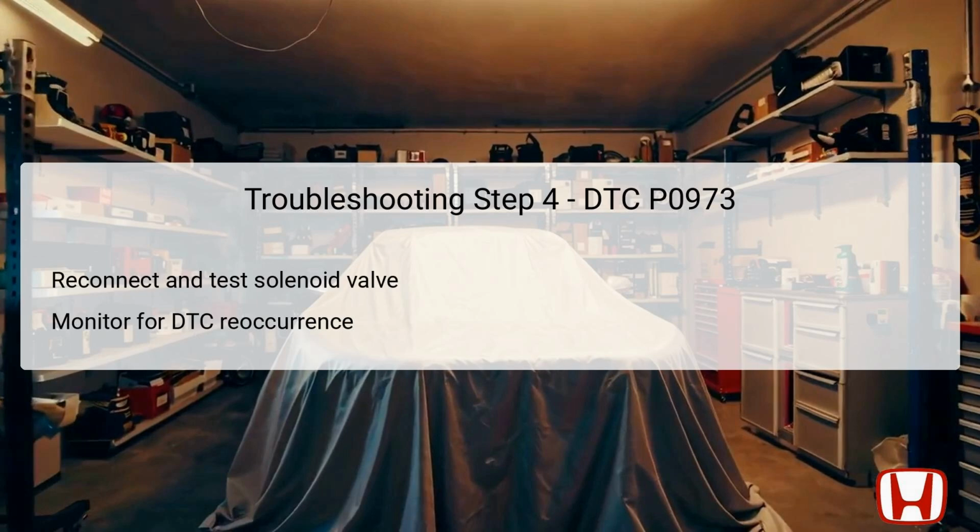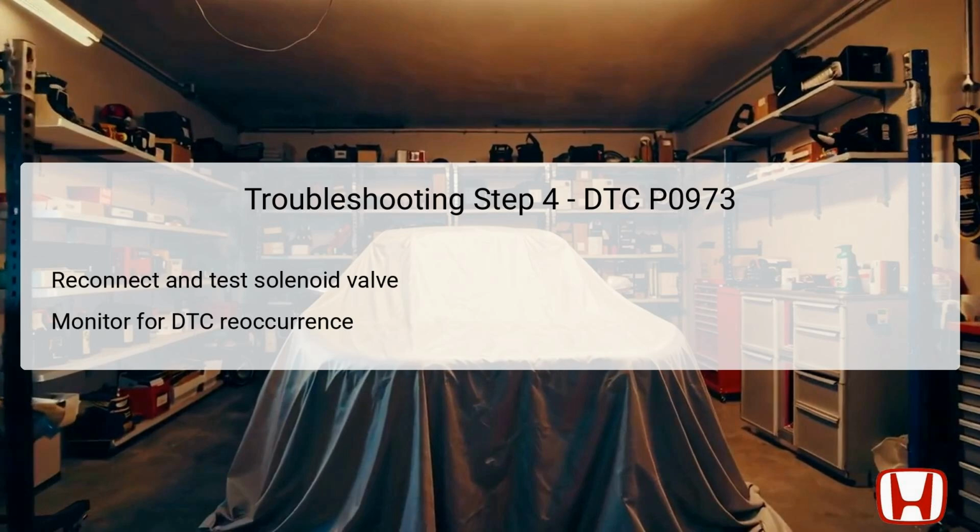Step 4 requires a detailed examination of the shift solenoid valve itself. Begin by pressing the engine start-stop button to turn off the vehicle. Then, reconnect PCM connector A51P. After ensuring the connector is securely attached, the next action is to disconnect the shift solenoid valve A2P connector.